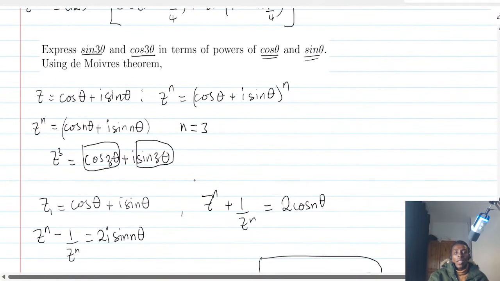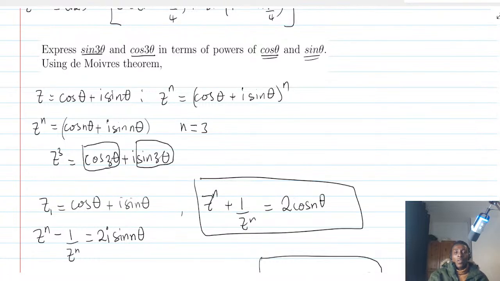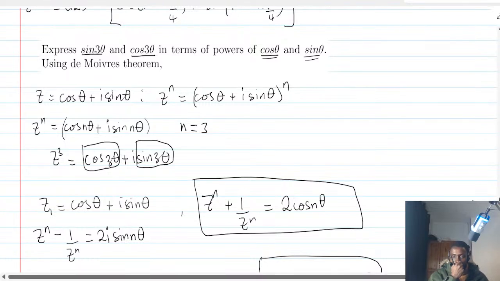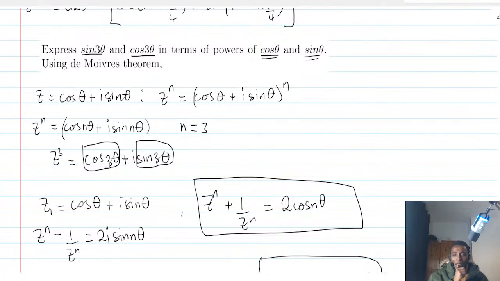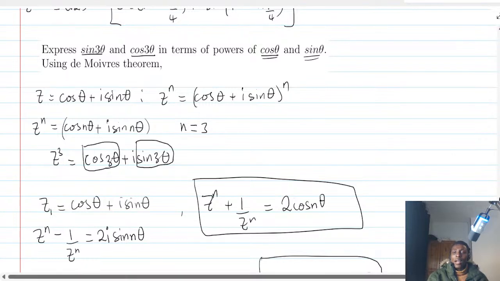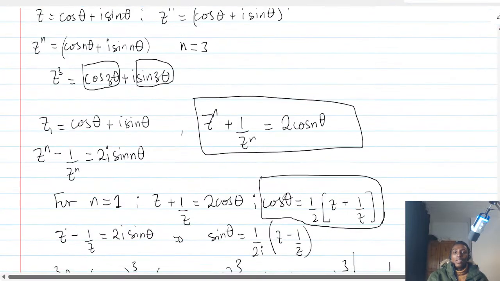okay, so this is what I was saying. Zn plus 1 over Zn gives us 2 cos n theta.